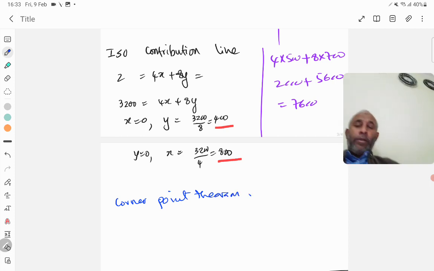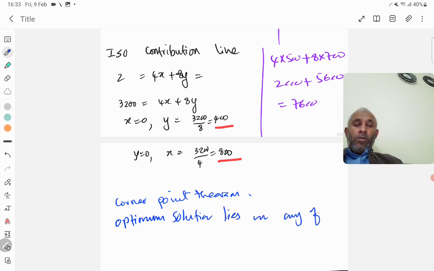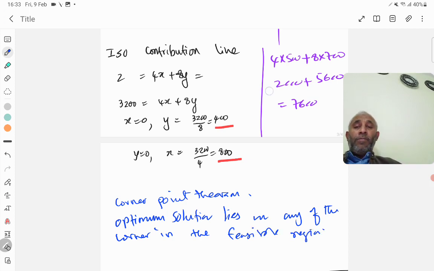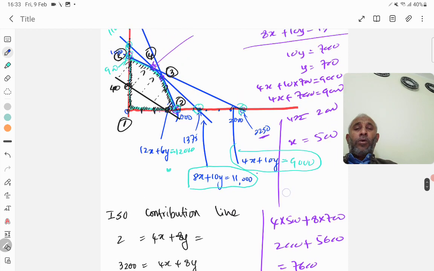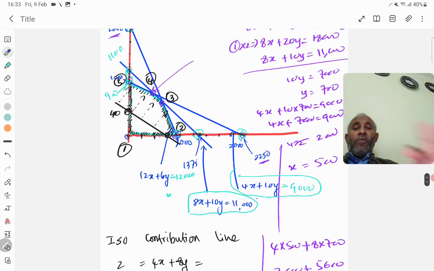According to the corner point theorem, the optimum solution lies on any of the corners in the feasible region. Accordingly, our answer should be either 1, 2, 3, 4, 5. So there are five possibilities.